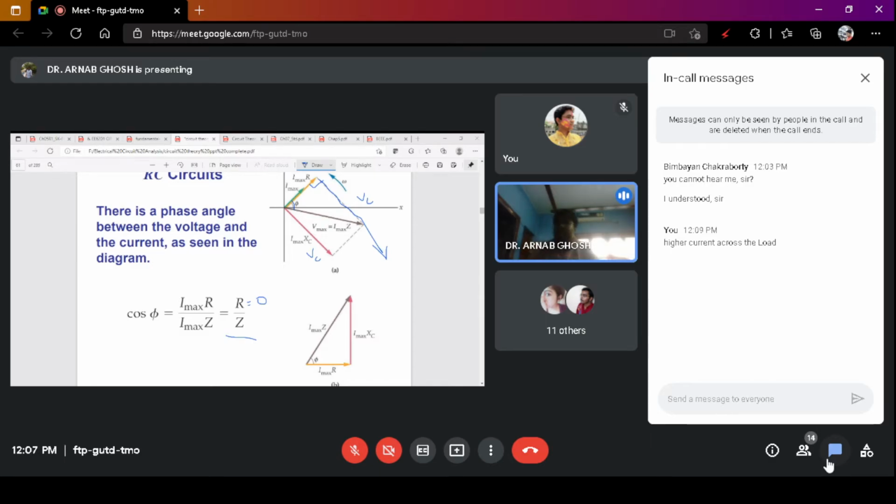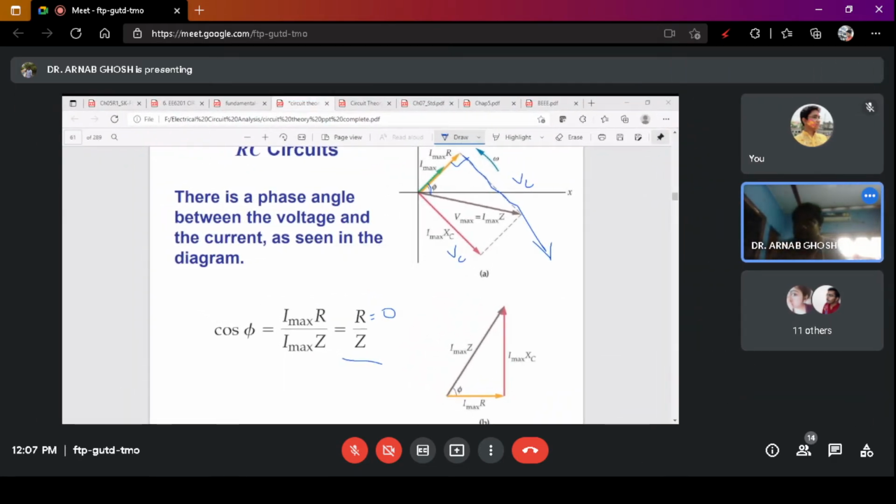Not really higher current across the load. So I will just explain it to you. The sine value and the cos value will vary opposite to each other. So when your cos value increases, your sine value decreases. Now, when you have a low power factor, that is when cos phi is lower, then sine phi must be higher.